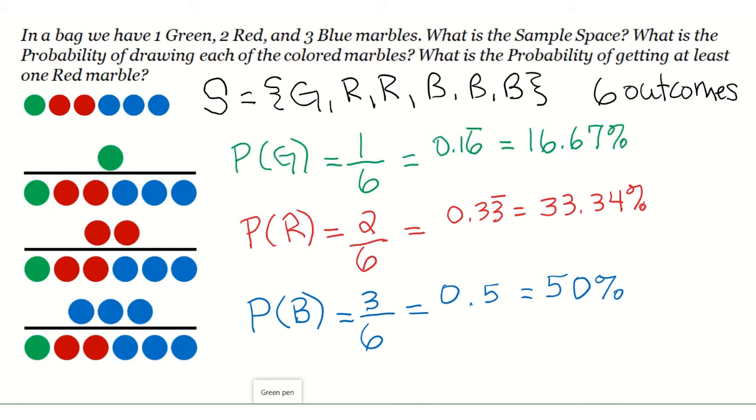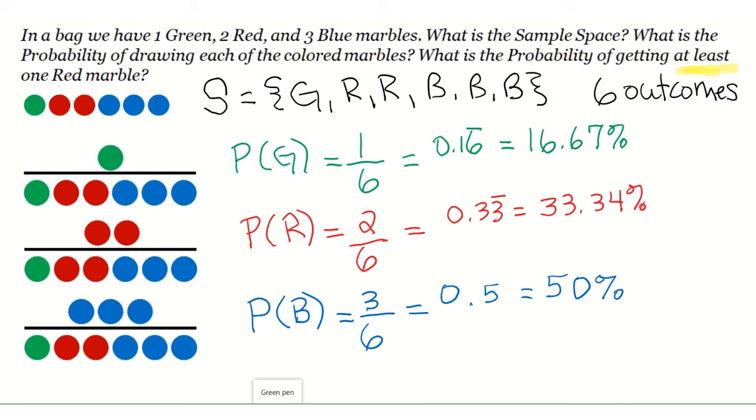Now the last part of this question says, what is the probability of getting at least 1 red marble? Whenever your question asks you to do at least 1, it's asking you to do the same thing that we just did. It just wants to know out of all of the total possible outcomes, what is the probability that I am going to draw a red?